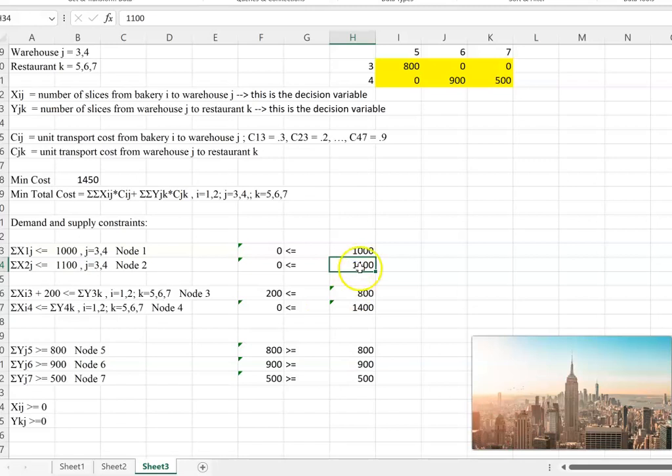There's 10,000 there. Oh, I see. This should be greater than or equal to.